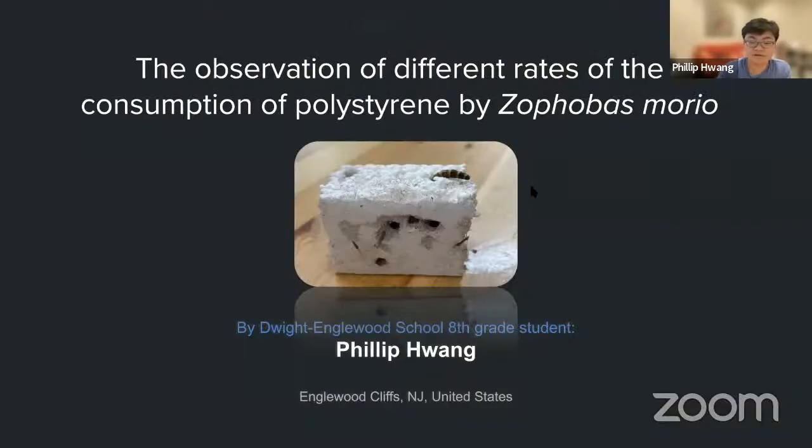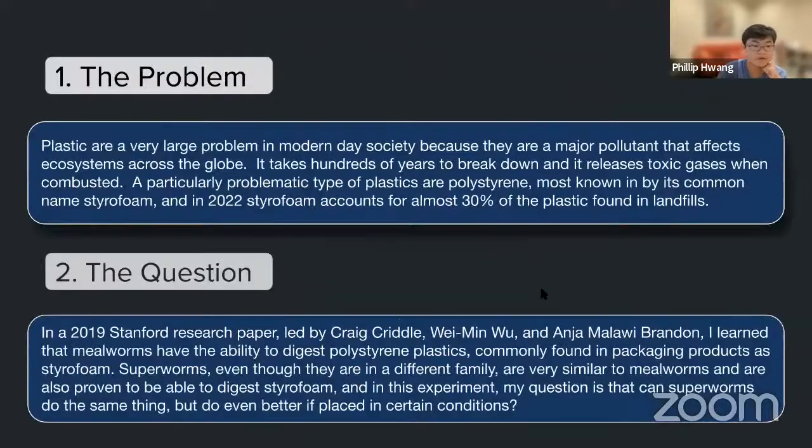So my project is about how I observed the different rates of consumption of polystyrene by the beetle Zophobas morio. I have been interested in different ways to incorporate insects, because insects are a very overlooked group that actually can solve a lot of world crises, but people are just not looking into them.